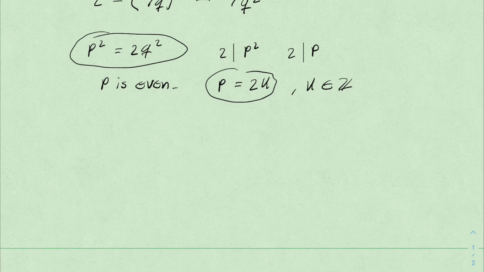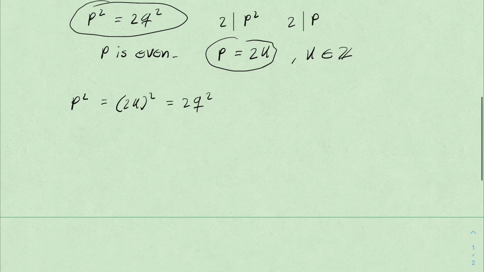Okay? So since p is equal to 2k and p squared is equal to 2q squared, we will plug 2k in for p. So that's going to give us p squared is equal to (2k) squared is equal to 2q squared. Okay?